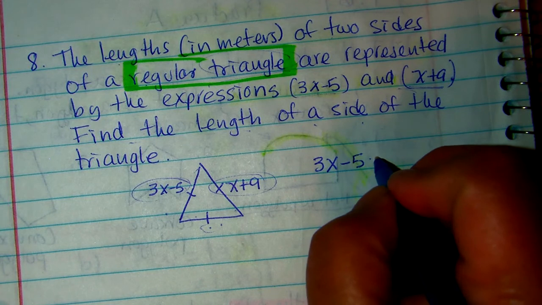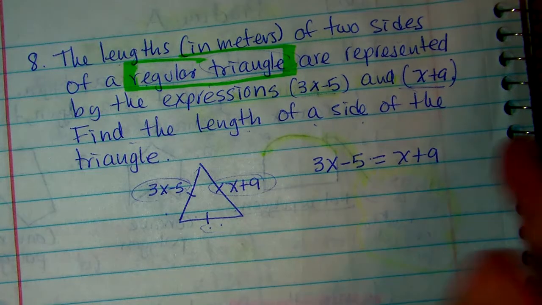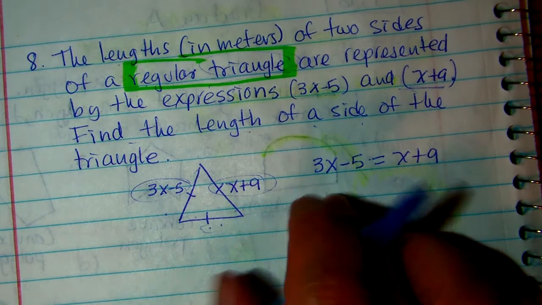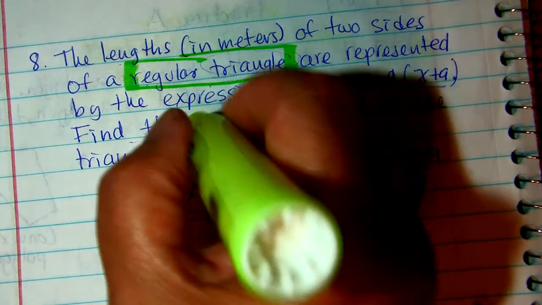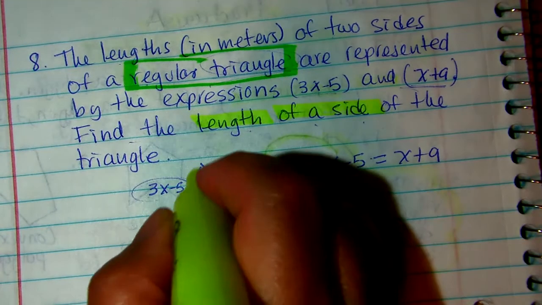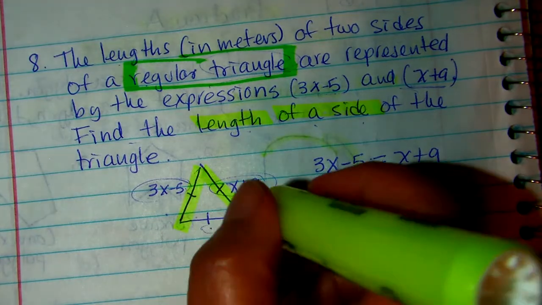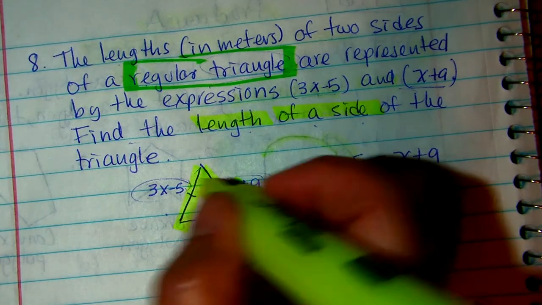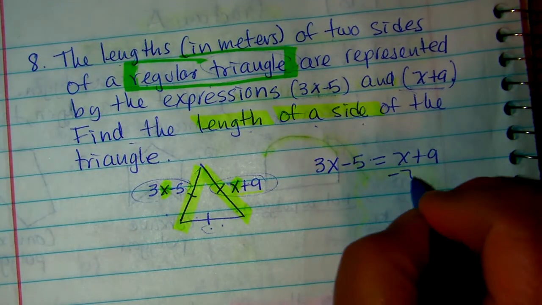So, 3x minus 5 is equal to x plus 9. And then we're going to be solving for x. We need to find the length of a side. So I can either find the length of this side, or the length of this side. In order for me to find the length, I need to find the value of x. So we're going to be solving for x.